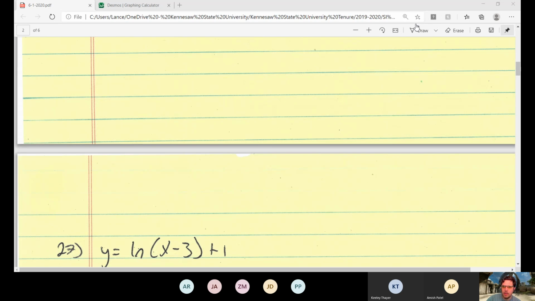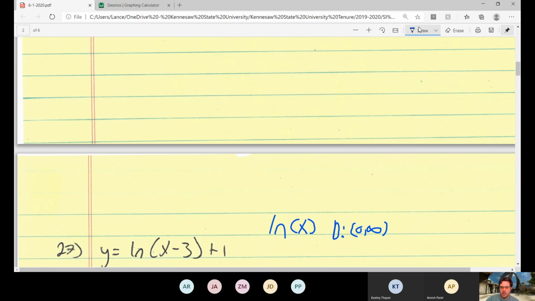So a logarithm's domain, if you just have ln of x, the domain is 0 to infinity.